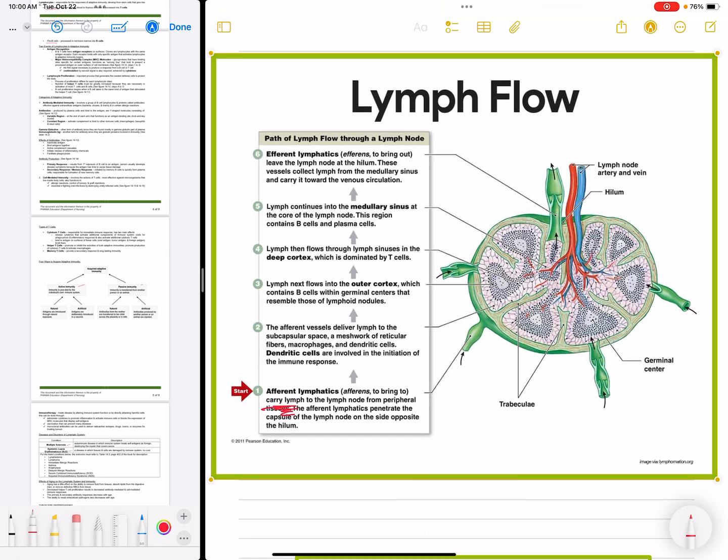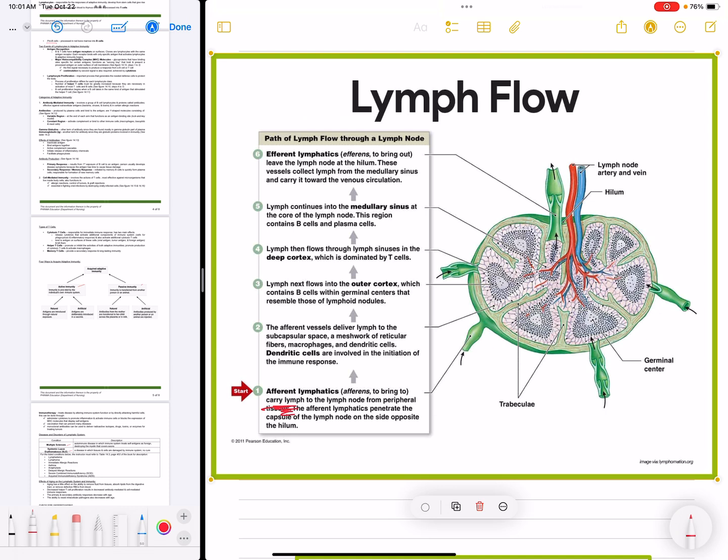So, the afferent vessels then deliver lymph to the subcapsular space and meshwork of reticular fibers, so macrophages and dendritic cells. So, ang dendritic cells are involved in the initiation of the immune response. Sorry, siyang hilum.